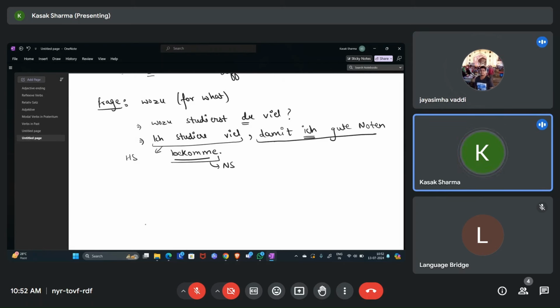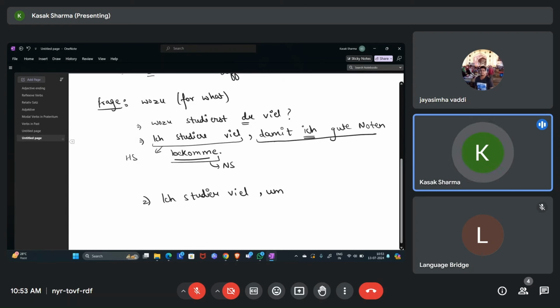Or if I want to make this with um zu: ich studiere viel, um gute Noten zu bekommen. Um and zu are not written together. After um the entire sentence will come, and with zu your verb will come: zu and then your verb. So, gute Noten, and my verb is bekommen, so zu bekommen.